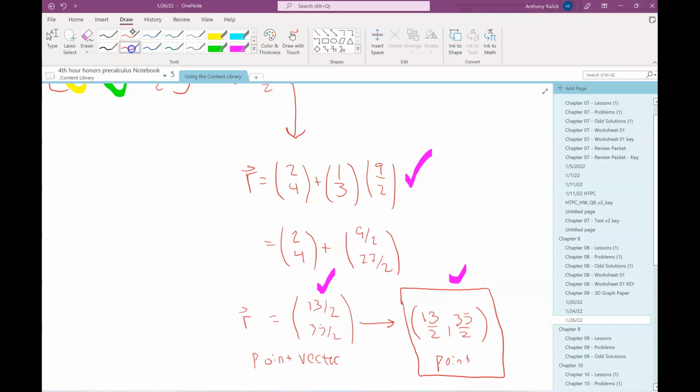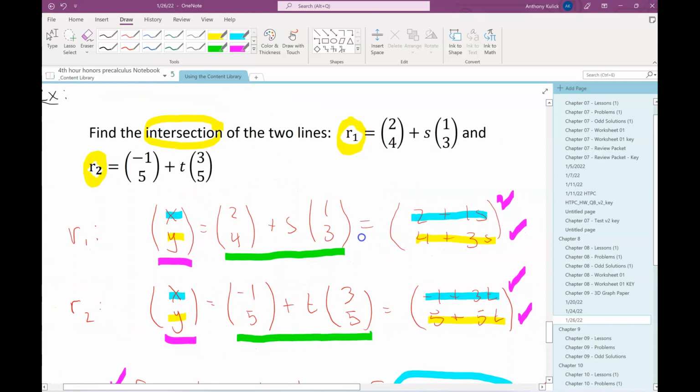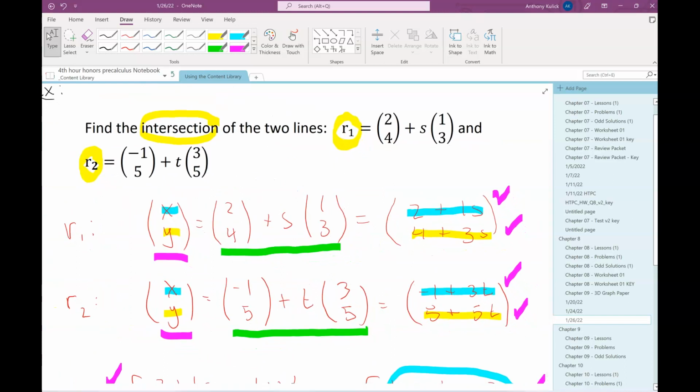Go back to the top. Sure. So you always convert things into points. All I did was add vectors and scalar multiply to do that very first step. Or scalar multiplied and then added vectors, I guess I should say.